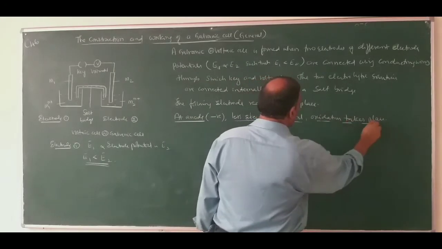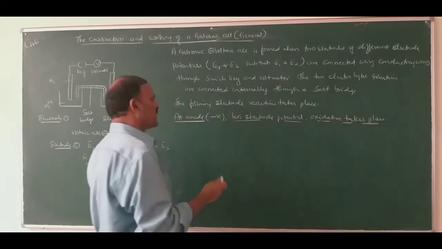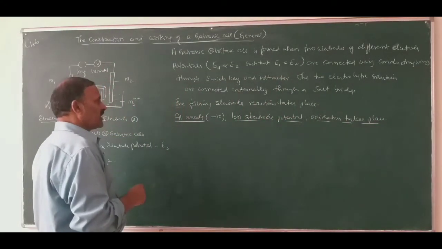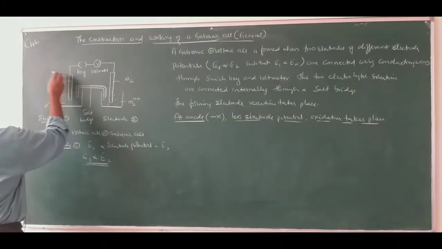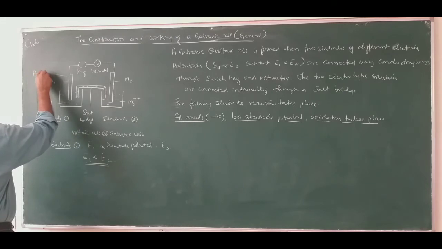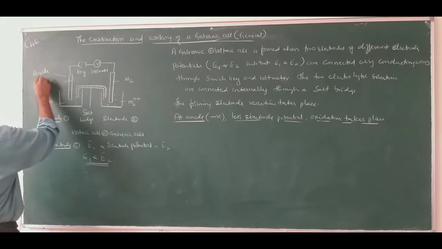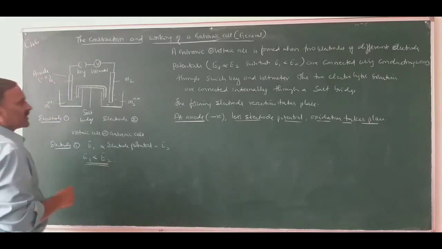So the electrode whose electrode potential is less undergoes oxidation, and that electrode is known as the anode. So this electrode is called the anode, and its sign is negative.